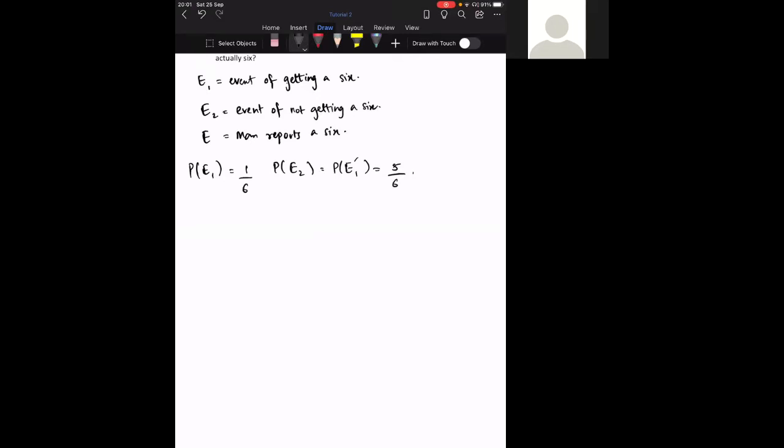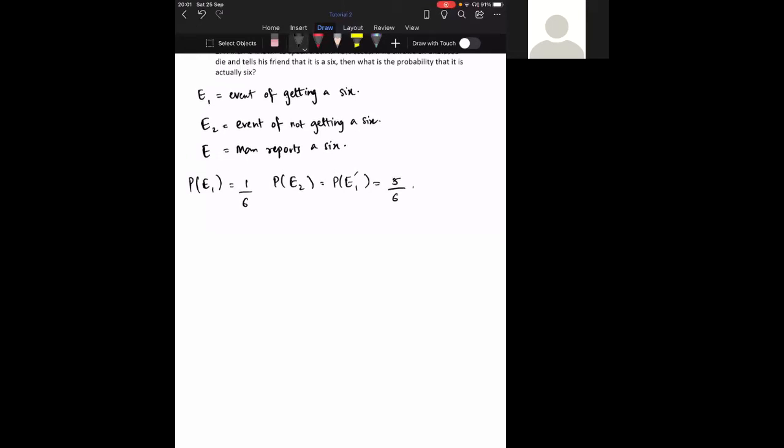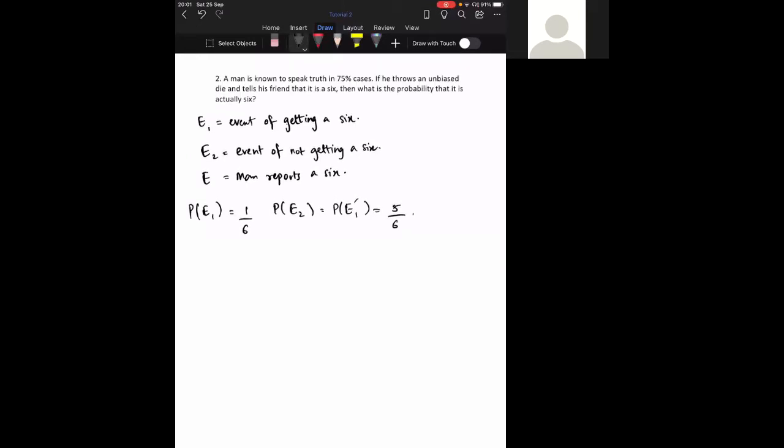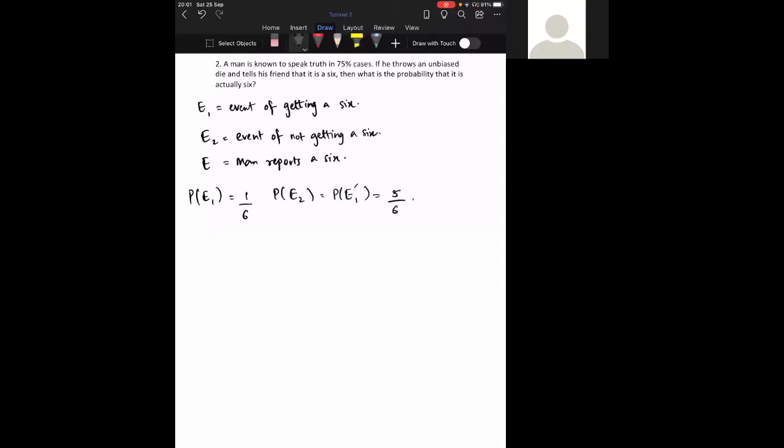Well, think about it. Like dice के ऊपर 6 आया और उसने भी बताया आपको कि it's 6. So that's just the probability of the man telling the truth, which is given in the question. A man is known to speak truth in 75% cases. So the probability of man speaking truth given that the die is rolled as a 6 is equal to the probability of truth, which is equal to 0.75.